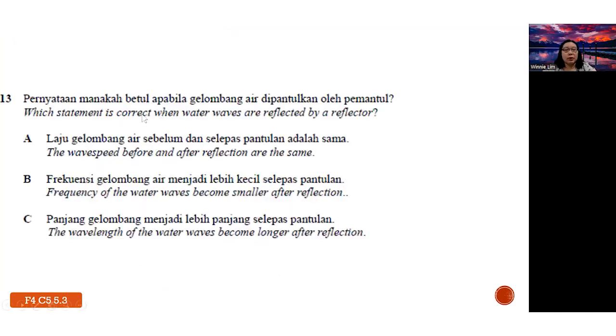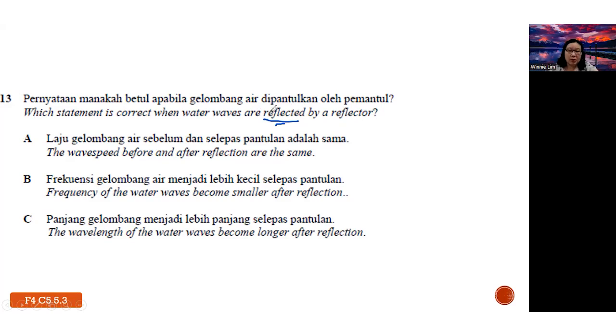Okay, for 13, it is still under the wave topic, 5.3 regarding reflections of waves. Which statement is correct when water waves are reflected by a reflector? Most of the time when they ask about phenomena of waves like reflection, refraction, diffraction, they will ask what is changed and what is not changed.